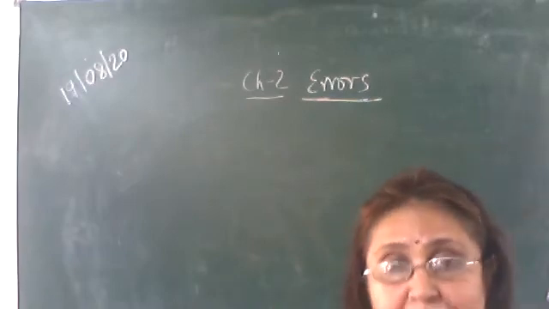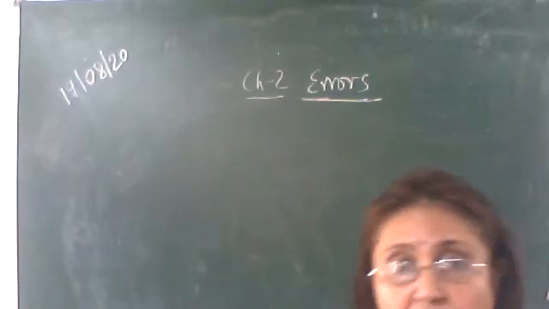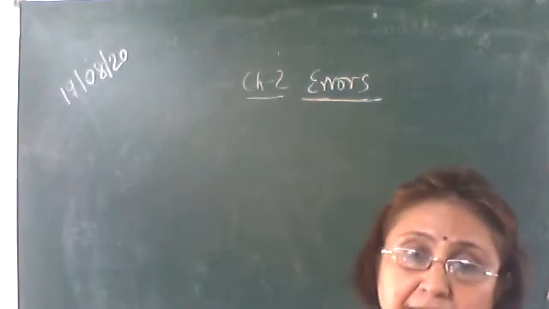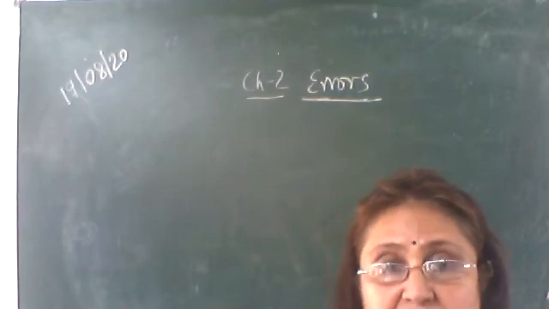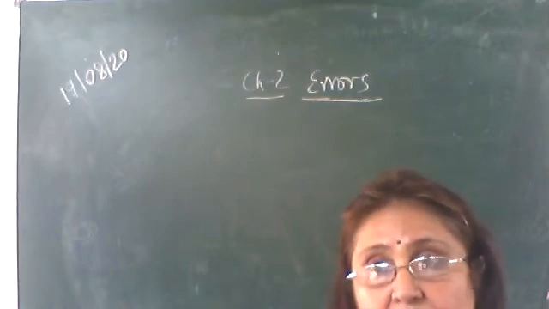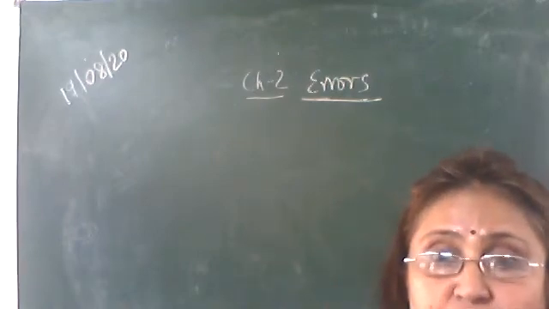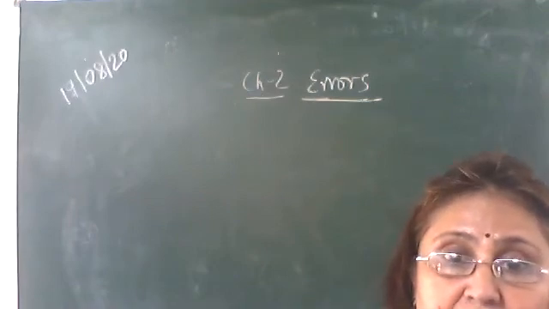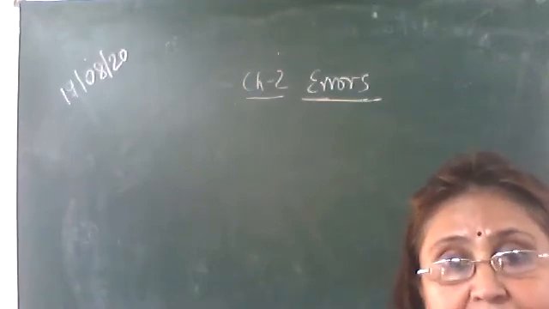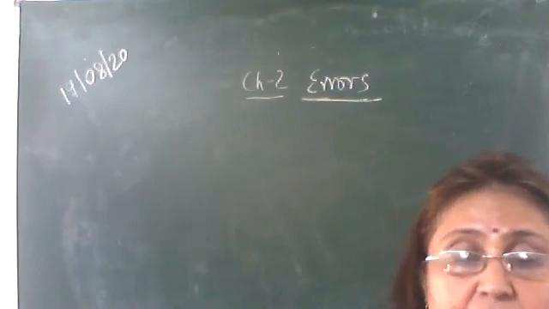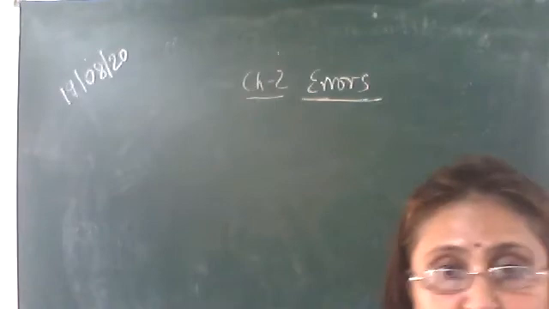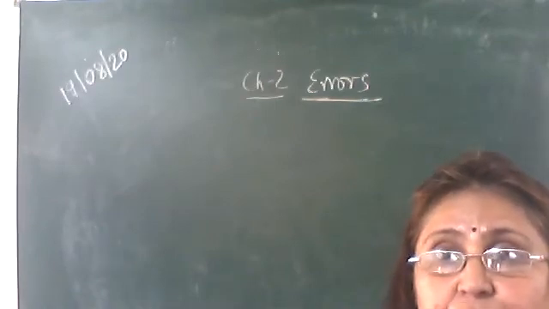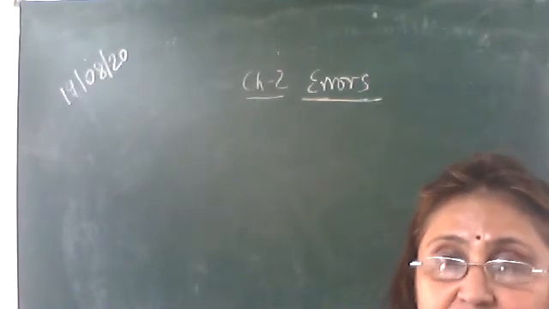Due to some manufacturing defect or imperfect design of the apparatus, if we use that instrument, some error will always be there. Such an error we call the instrumental error.